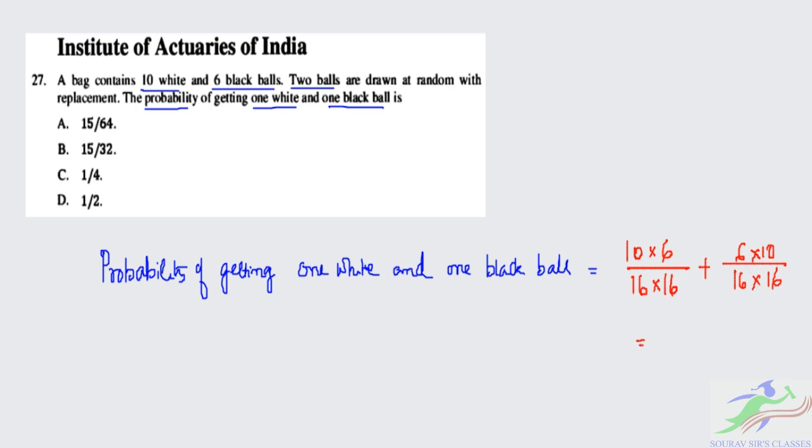So from here 16 into 16, it is coming out as 2 into 6 into 10, right? If we solve this, we will be left with 15 by 32 if we simplify it further. So that will be our probability of getting 1 white and 1 black ball. This matches with our option B, that is 27B, which is the correct option, 15 by 32.